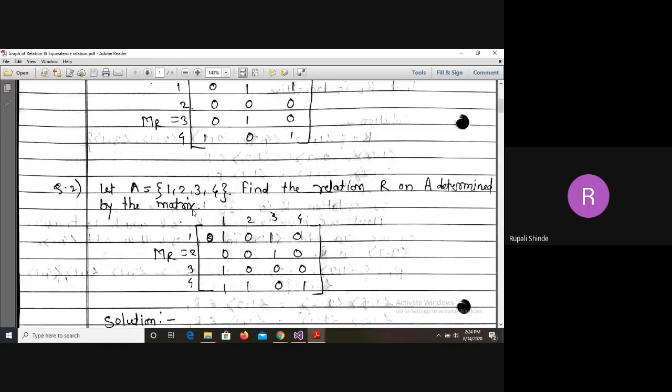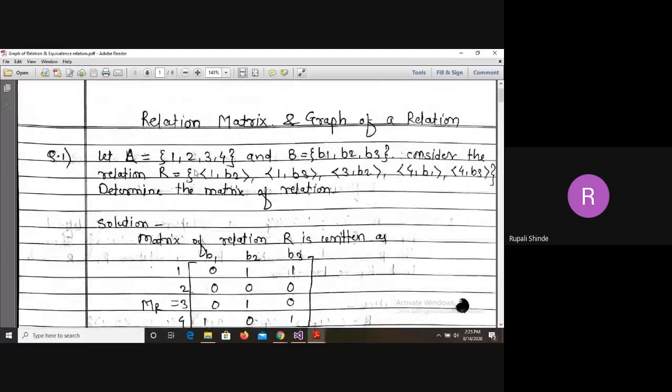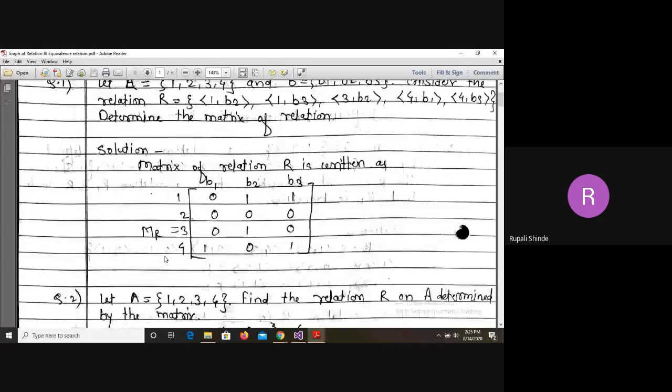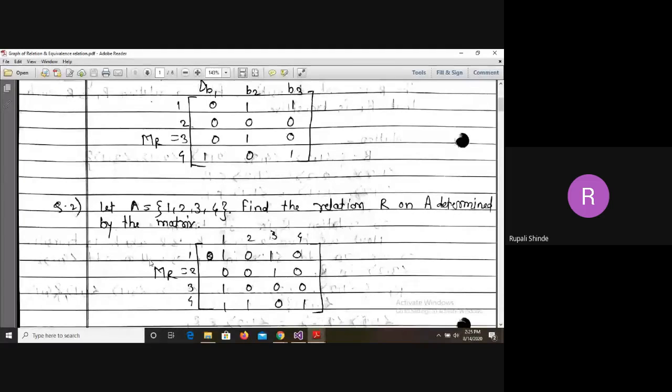So do you have any idea how we can define the relation from this given matrix? In the previous example, relation R was given and from that relation we drew the matrix. But in the second example, they have given you the matrix and from that matrix you have to identify the relation.